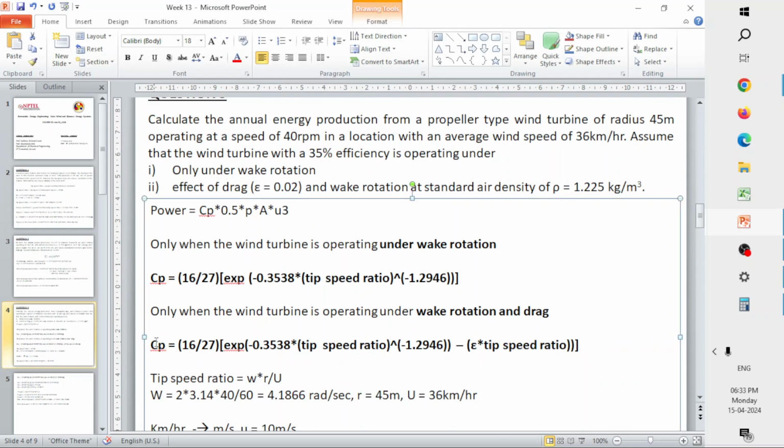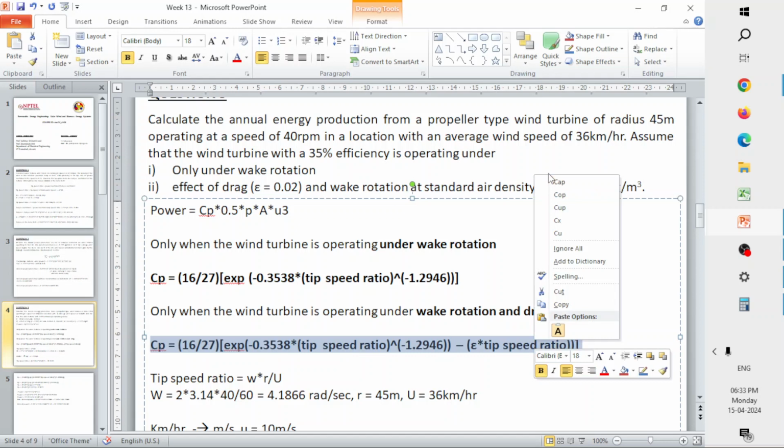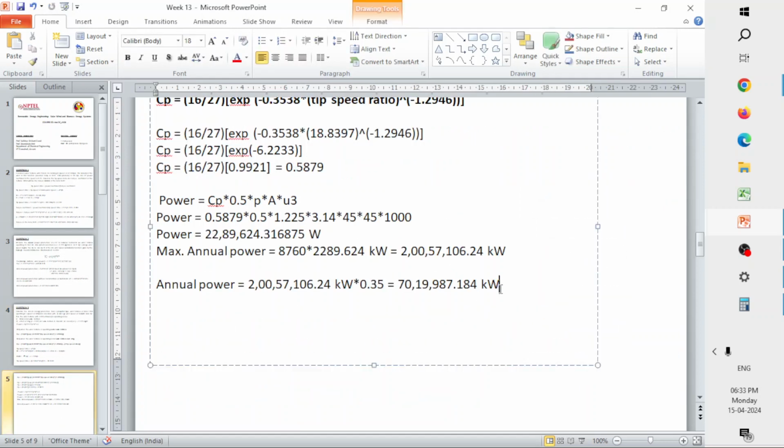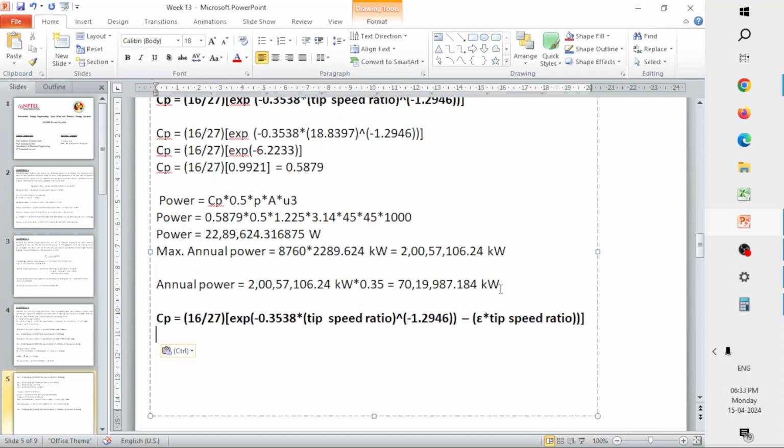So let us just use that, and this correlation will come into the picture. Here we have been given the value of epsilon, so epsilon is given as 0.02.